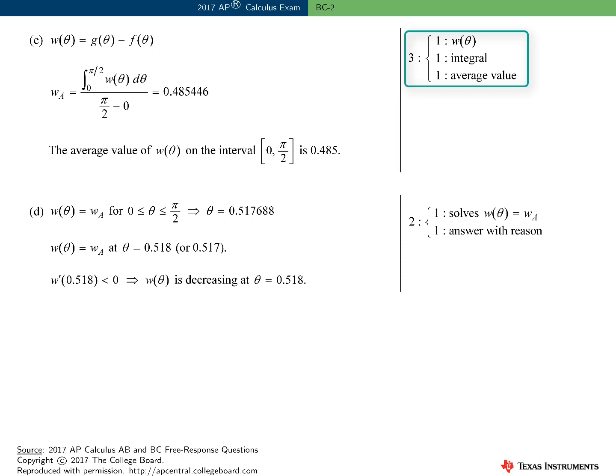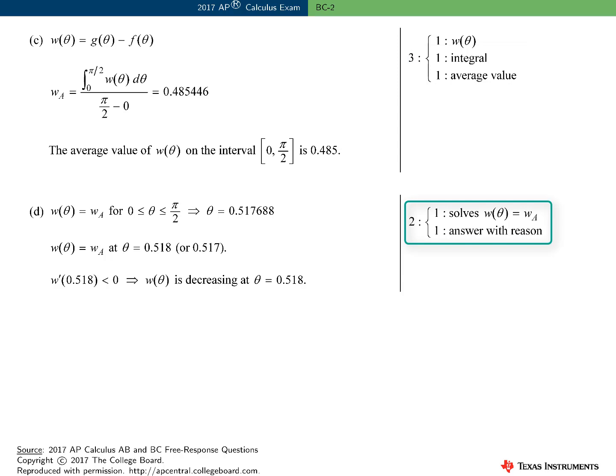Part C was worth 3 points. 1 point for a correct expression for w of theta, 1 point for the integral expression in the formula for average value, and 1 point for the average value.